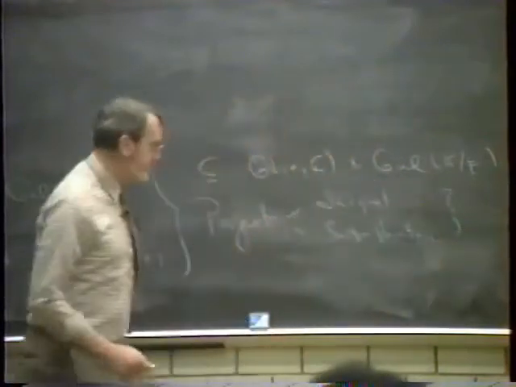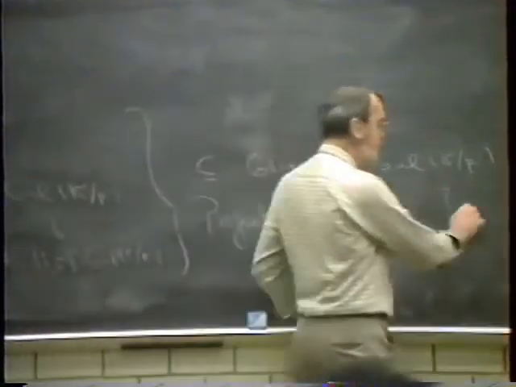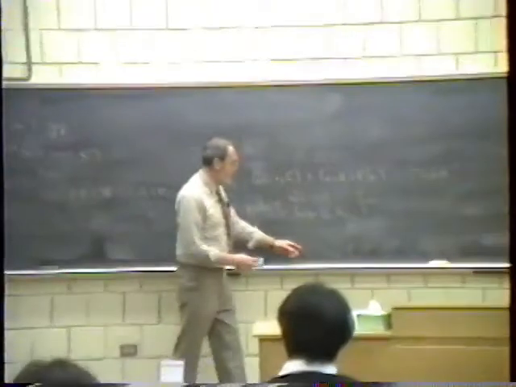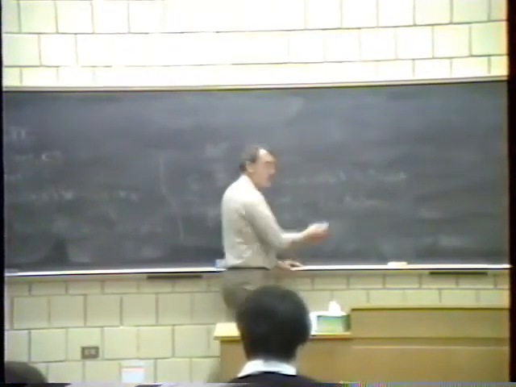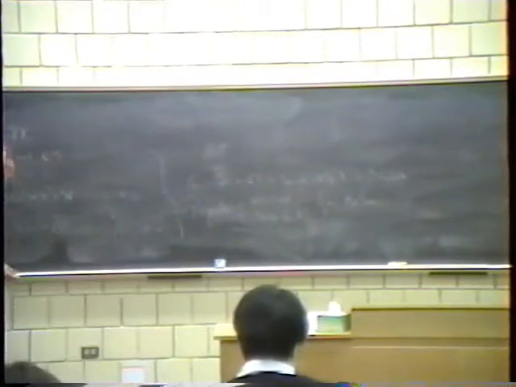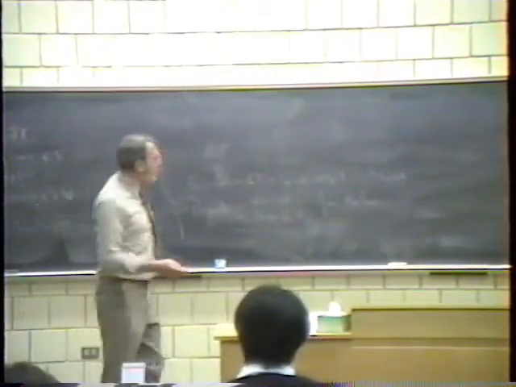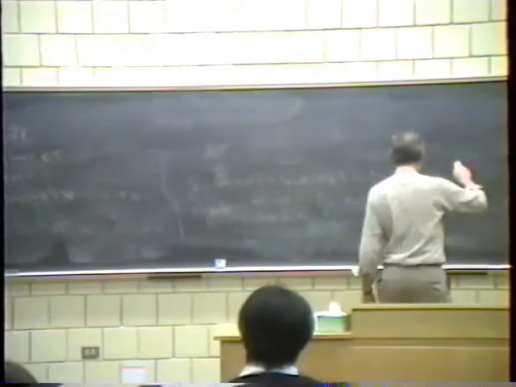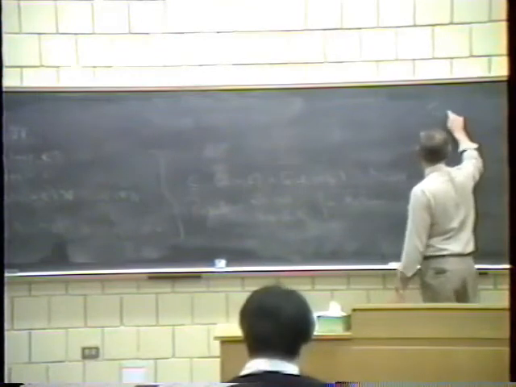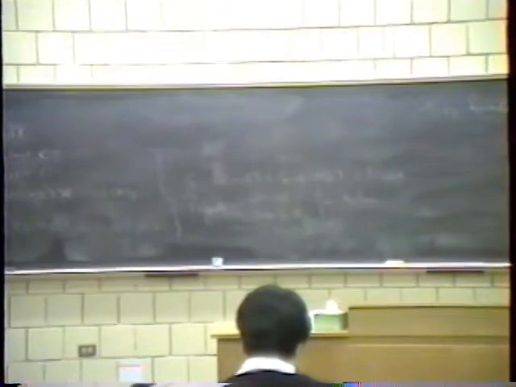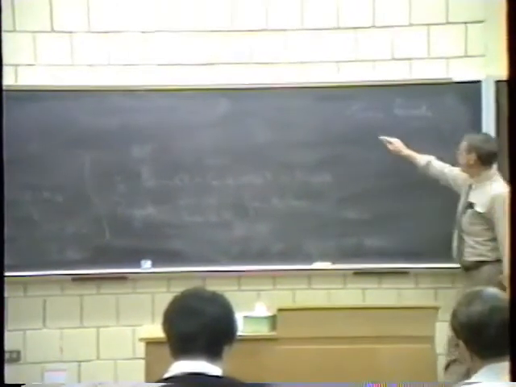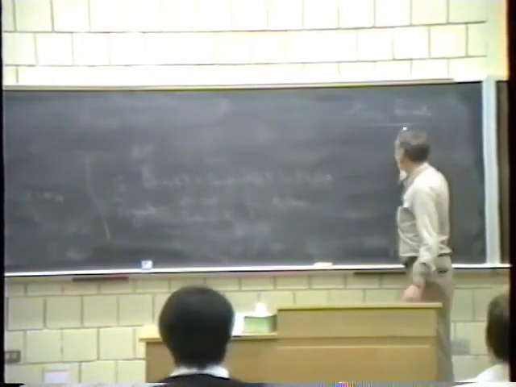There are difficulties, which I'll come to, but one person who is trying systematically to overcome them is Arthur. There are others as well, but in particular Arthur is. So the idea is to use the trace formula, about which I won't talk today, and that was also developed by Arthur.